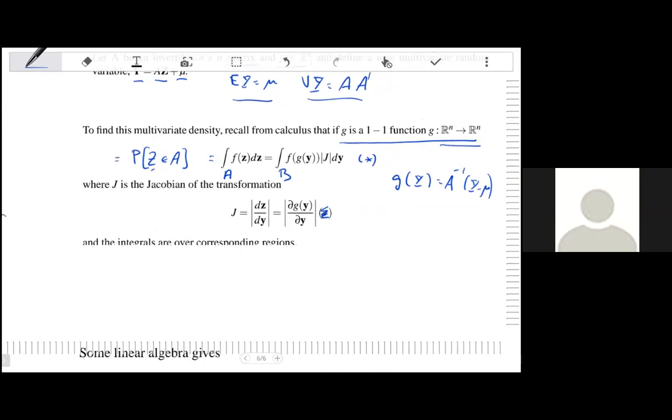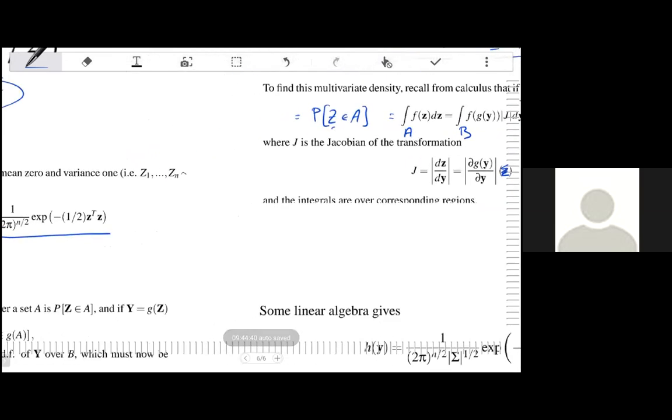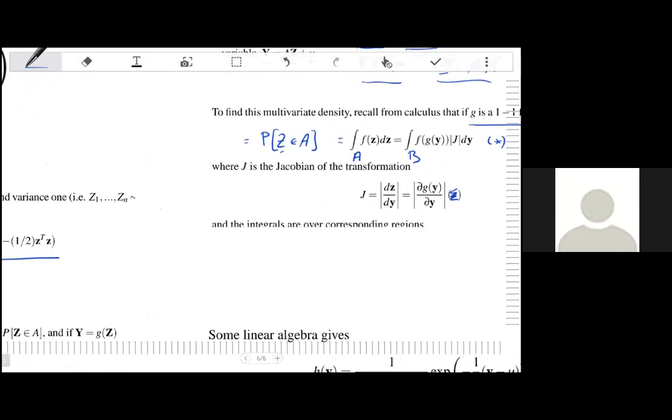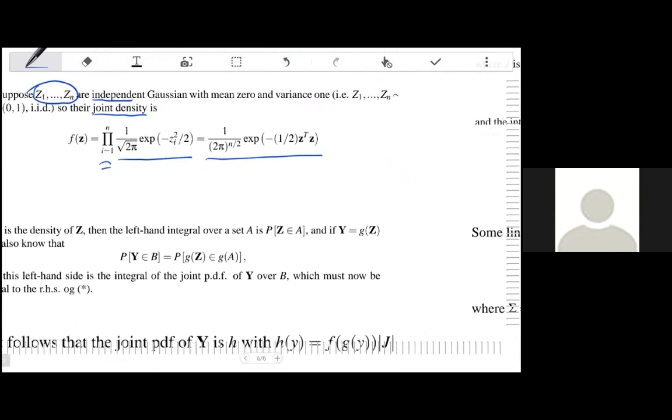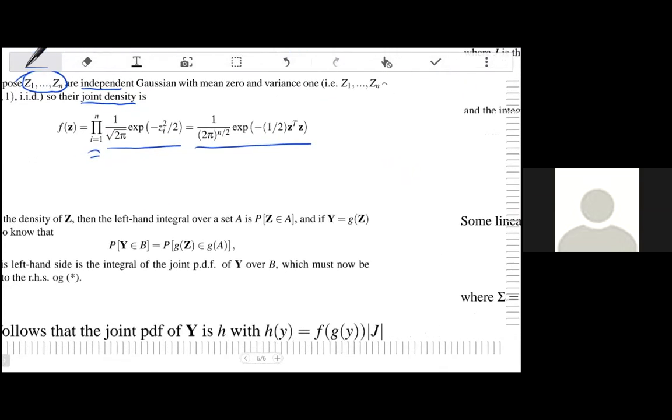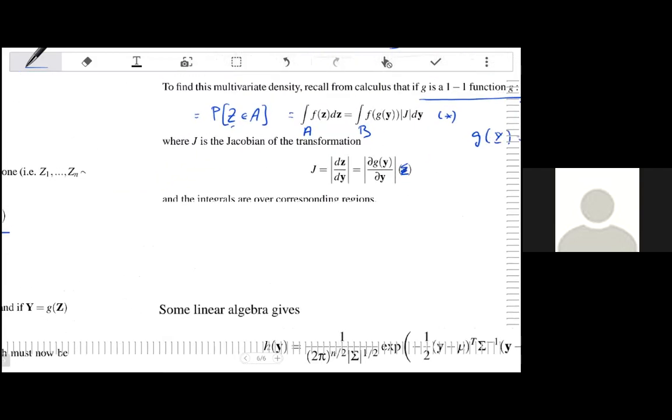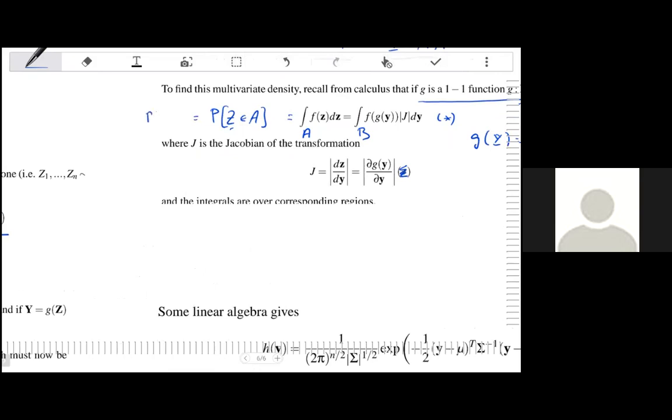So this is then the probability that y is in the corresponding other set. So if Z is in A, then g of Z is in g of A, and then y is in B. So this is the probability that y is in the set B.